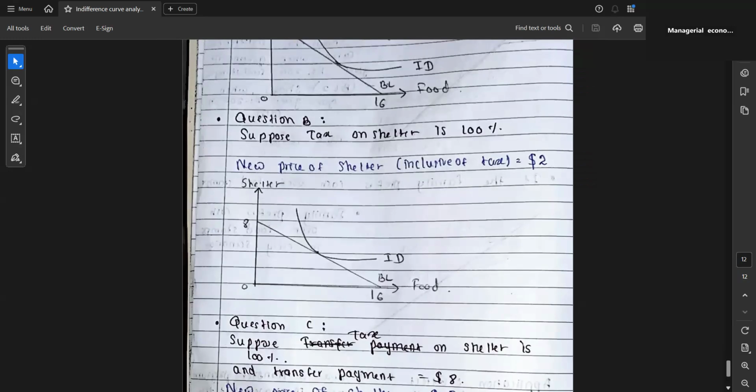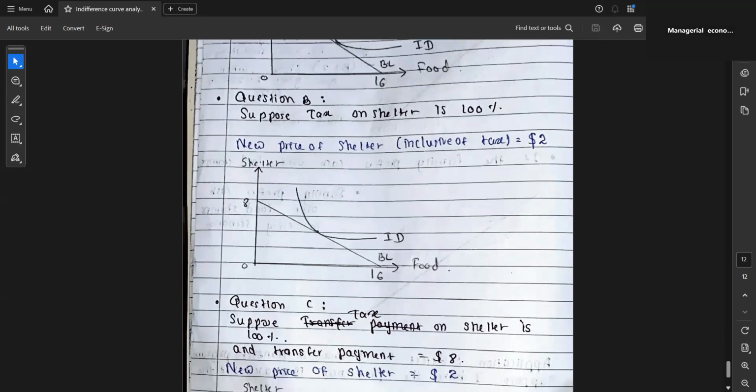If the government taxes 100%, that means the price has to increase by 100%. So before the tax, the price of 1 unit of shelter was $1, and now it's $2. The maximum amount he can buy of shelter is now 8, and the maximum amount of food he can buy is still 16.